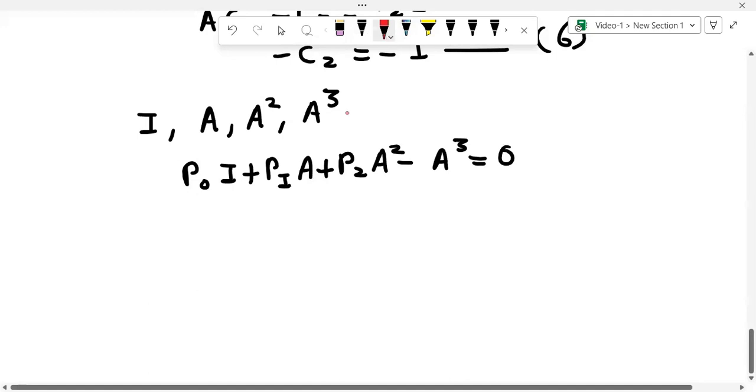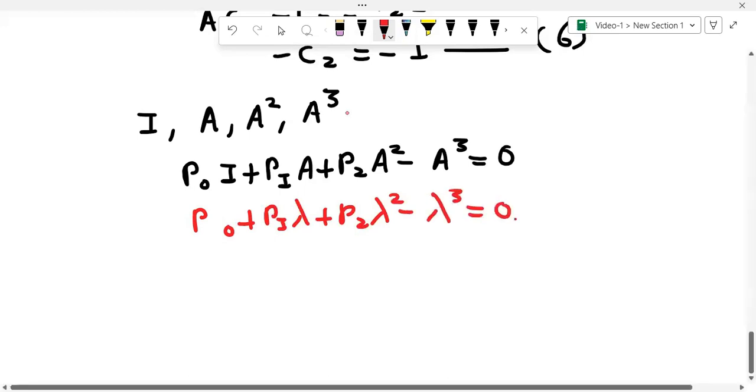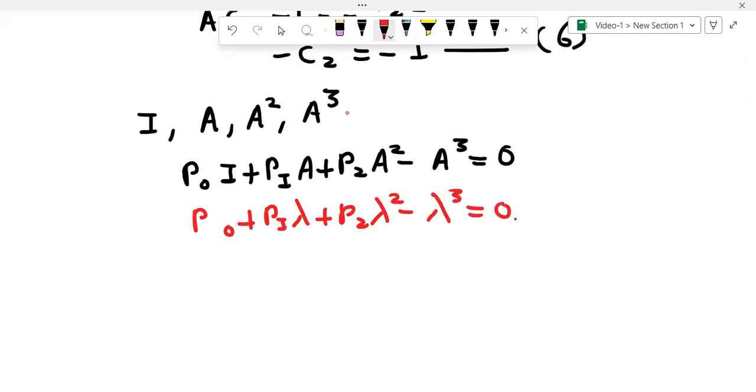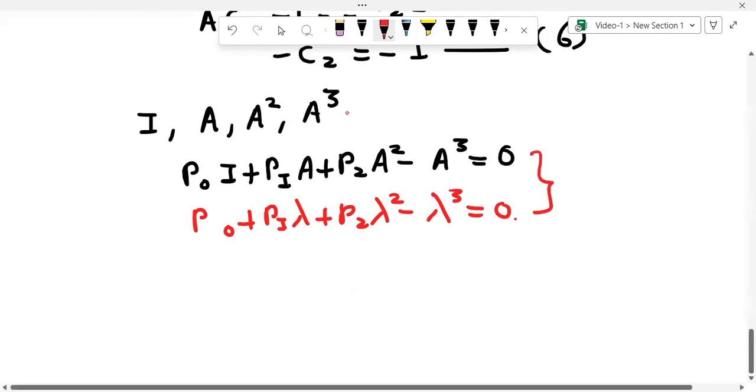Now, we know the characteristic equation is given by P0 plus P1 lambda plus P2 lambda squared minus lambda cubed equals 0. We see that this characteristic equation of A is itself satisfied by the square matrix A. So this is the statement of the Cayley-Hamilton theorem.